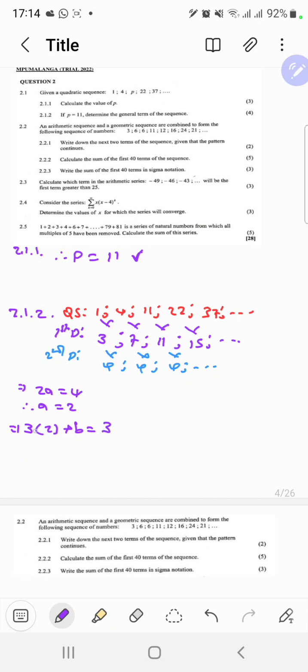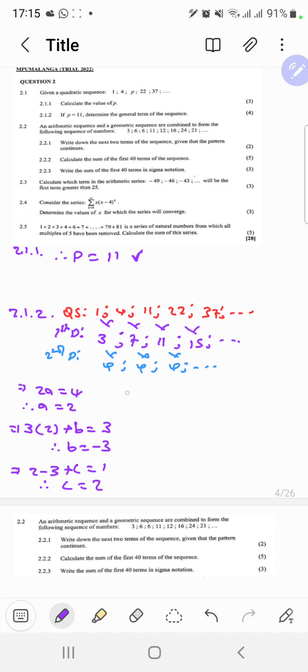So this is going to be 6. When you transpose to this side, it tells us that b is going to be 3 minus 6, which is minus 3. Which also implies that a, which is 2, plus minus 3, plus c is going to be equal to the first term, which is 1. Therefore, c, remember this is going to be minus 1. When you transpose to this side, it becomes a plus 1. So c becomes a 2.